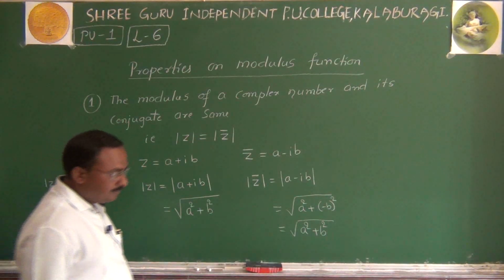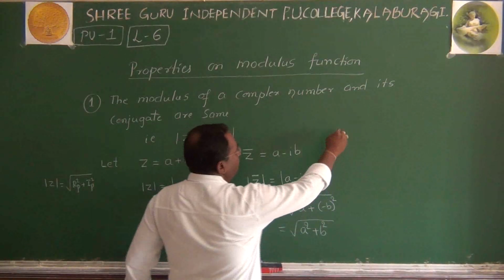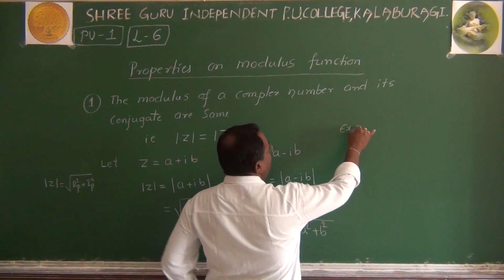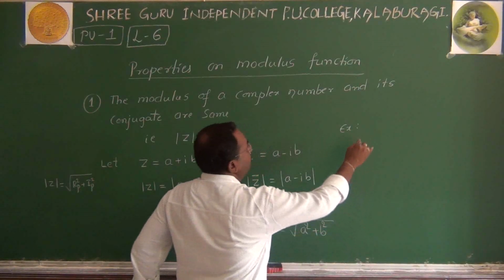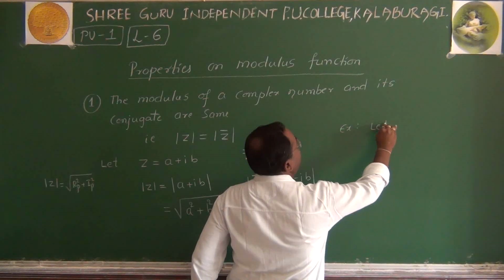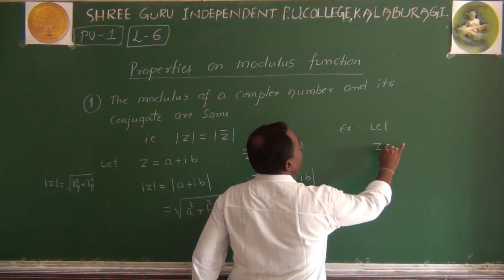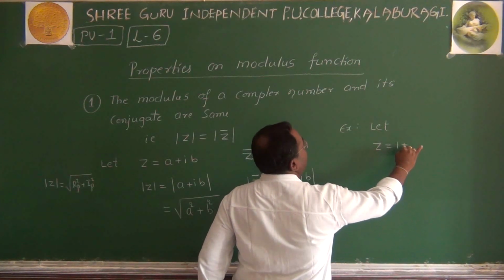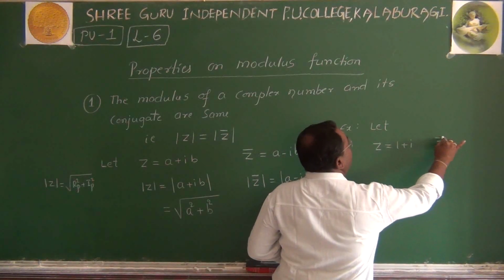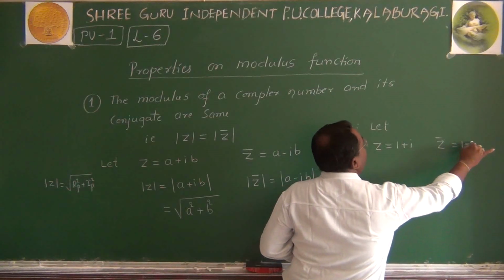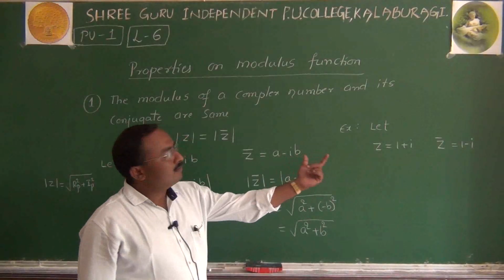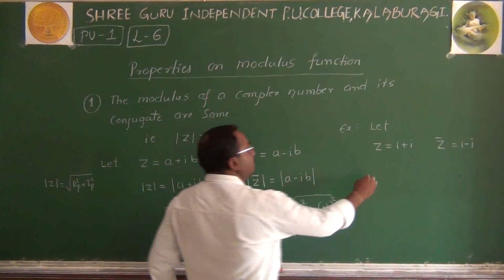Here is an example. Let Z equal 1 plus i. Z bar is 1 minus i, its conjugate. Take modulus on both sides.